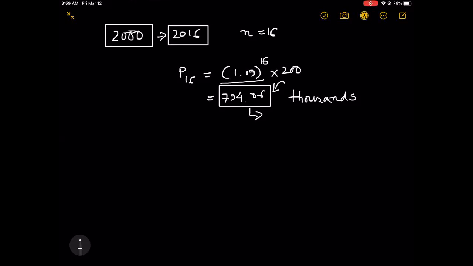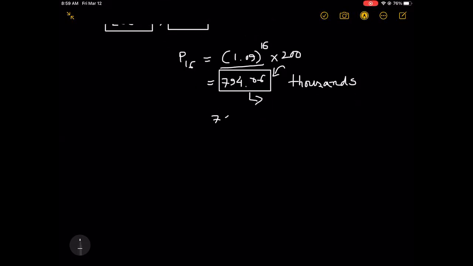So first of all, it's in thousands, right? So technically, it's 794.06. As Ashton said, as we are calculating in thousands, let's just have one more value after this decimal point, simply because we'll multiply it by 1,000, right?